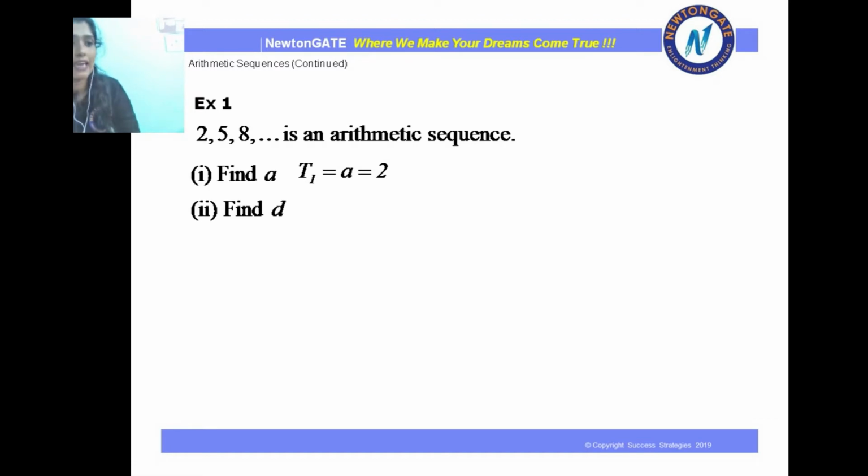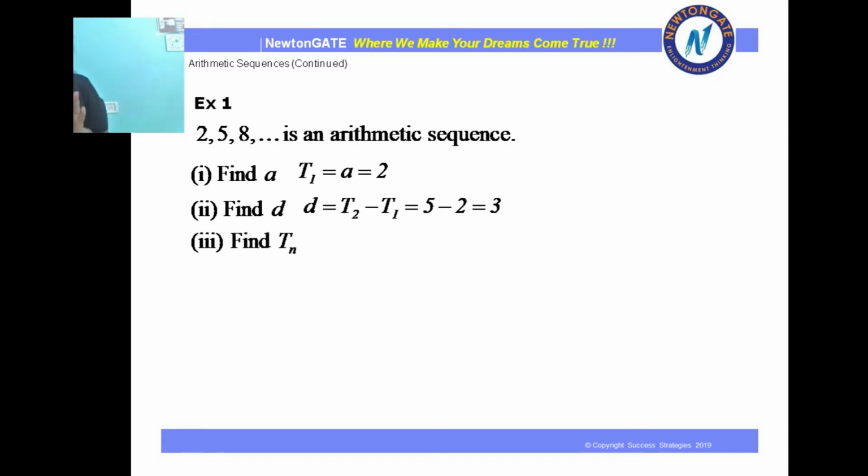Let us see if that is the answer or not. Yes, definitely. Instead of 8, we can take 5 also, the same thing. You can take any term, you can close your eyes and subtract the term before that, you will get the same thing. It's very easy. Arithmetic sequences are very easy if you understand the basic concepts.